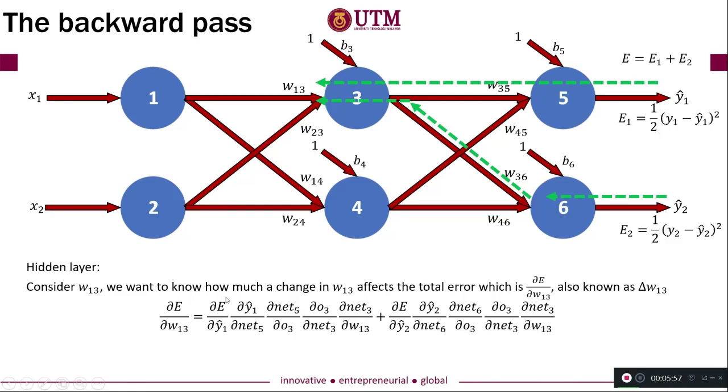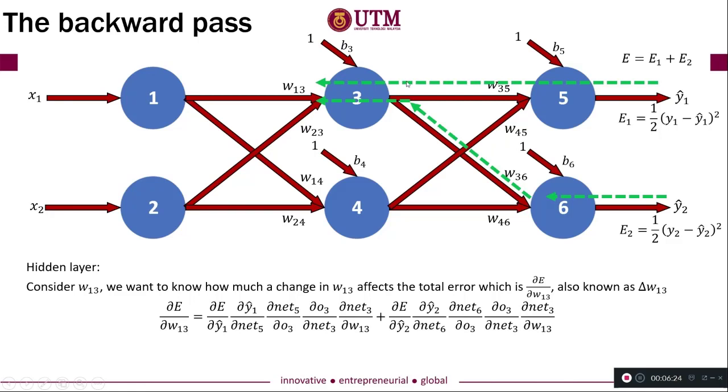It should be similar. Del E over del Y hat 1 comes from that direction, and then you repeat the same process. This one is Y1 over net 5, because this comes from the activation function of neuron 5, and this one comes from the input function of neuron 5.